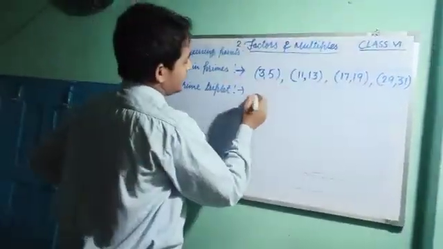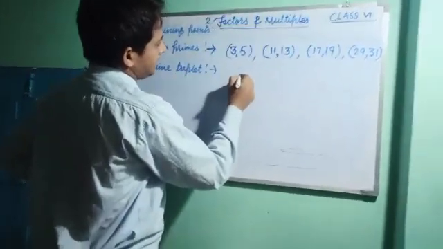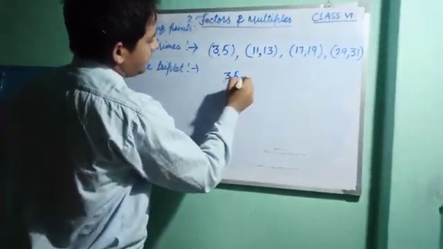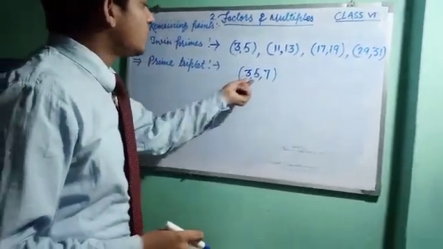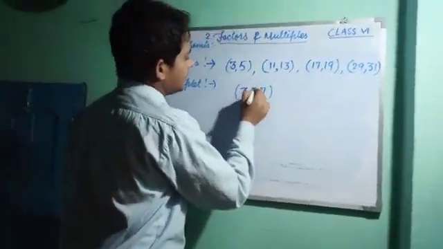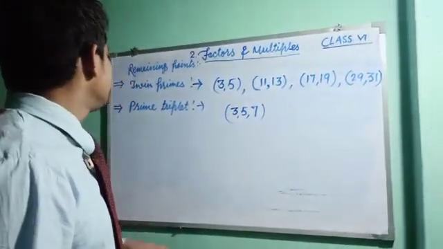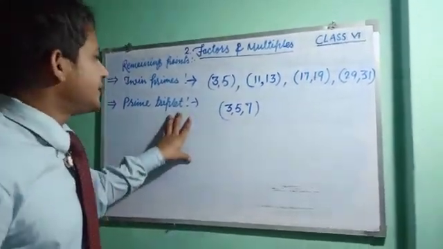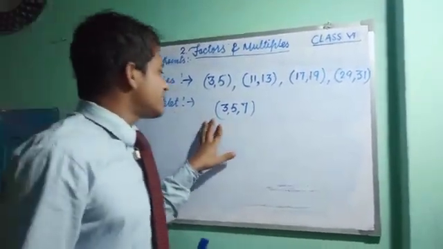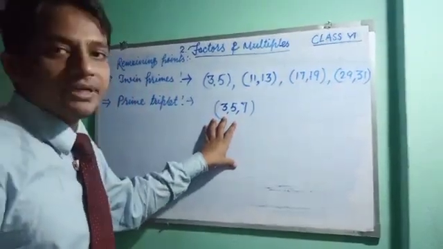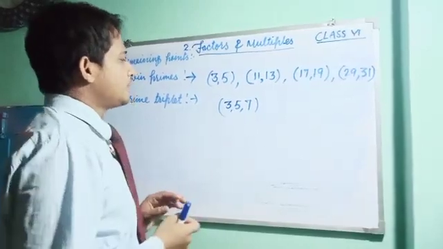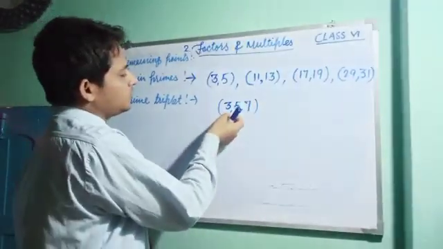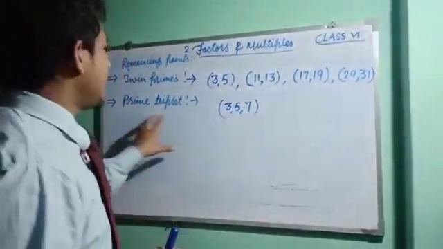See with the help of an example, 3, 5 and 7. Look closely, 3, 5, 7. Once again students, a prime triplet is a set of three consecutive prime numbers differing by 2.